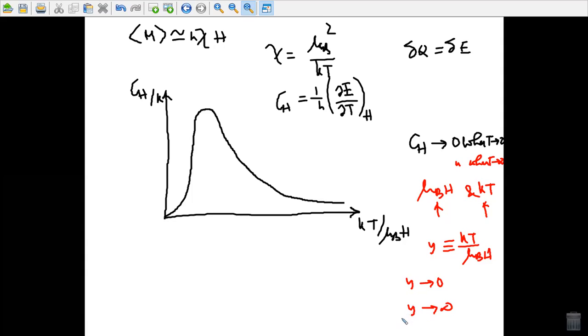So somewhere between them, we expect to attain a maximum of C_H. Since C_H is non-negative, it must therefore grow near y equals 0 and decrease towards y tending to infinity. The location of the maximum would be around y equals 1, as both the thermal energy and the magnetic energy are significant in this region.